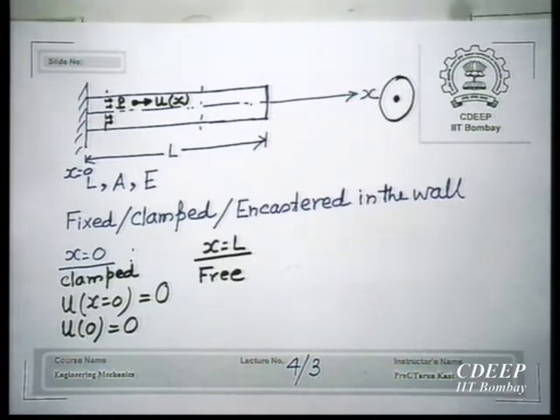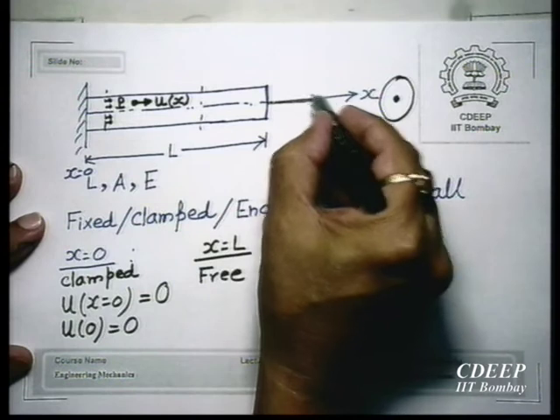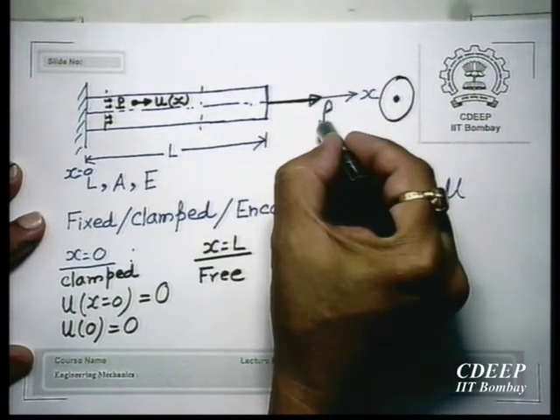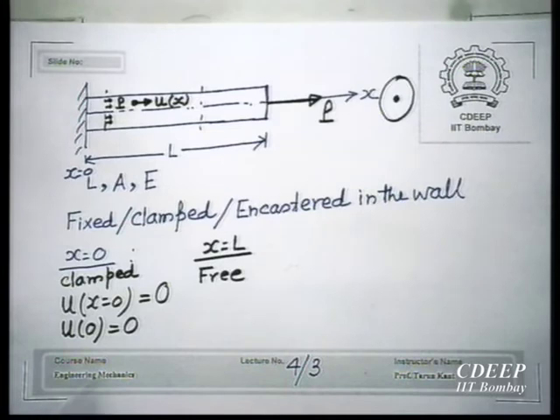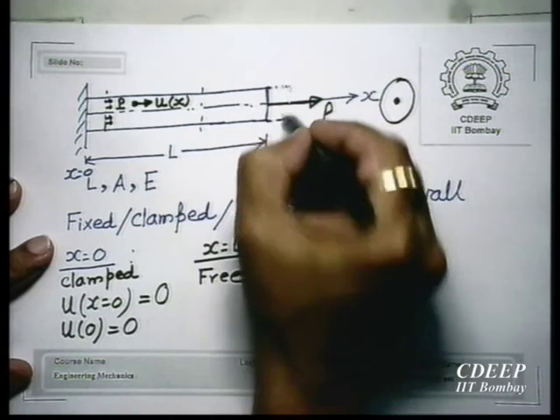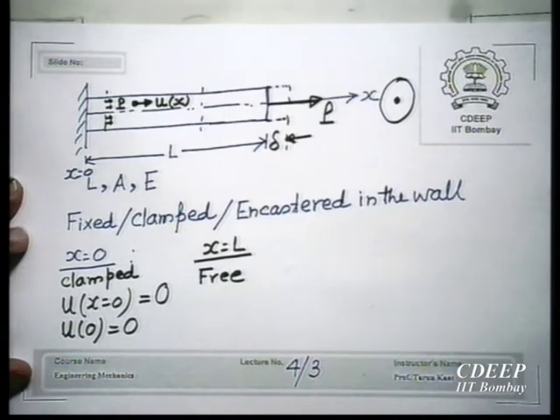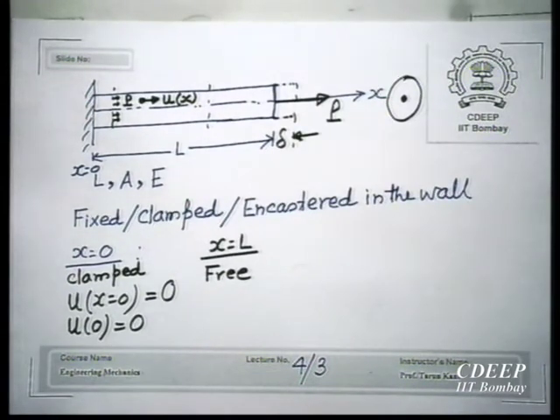Now, when the end L is free, what is the meaning of free? Free means that after you apply the load, now I will discuss this P, after some time you will find that the free end has a total displacement of delta.